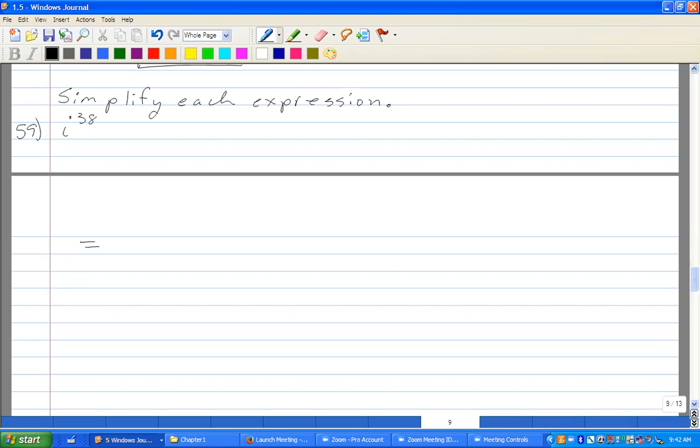So first, what I want to do is write this as the sum of two numbers, one of which is a factor of 4, the largest factor of 4. If you divide 38 by 4, the quotient would be 9.